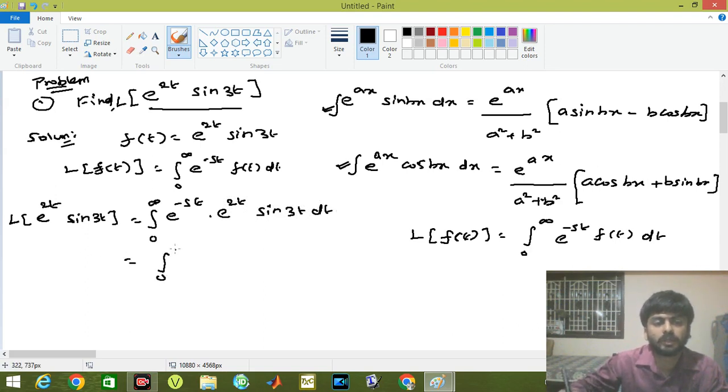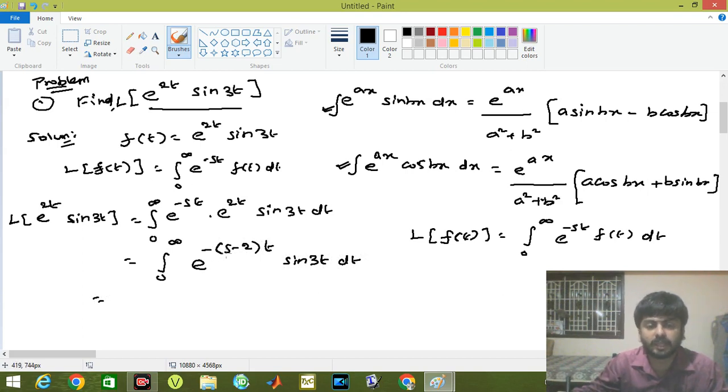That equals the integral from 0 to infinity of e power minus of s minus 2 times t, sine 3t dt. See, e power ax sine bx: here a equals minus of s minus 2 and b equals 3. So by this formula, by which formula?